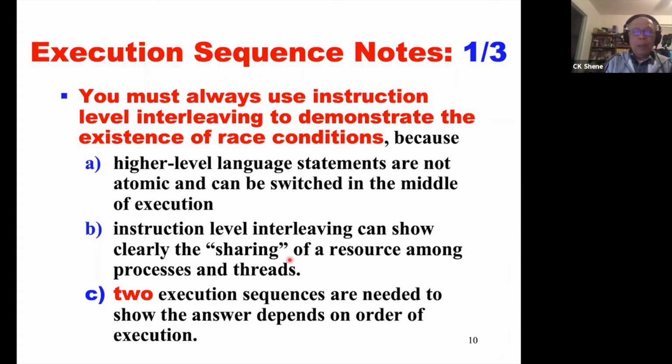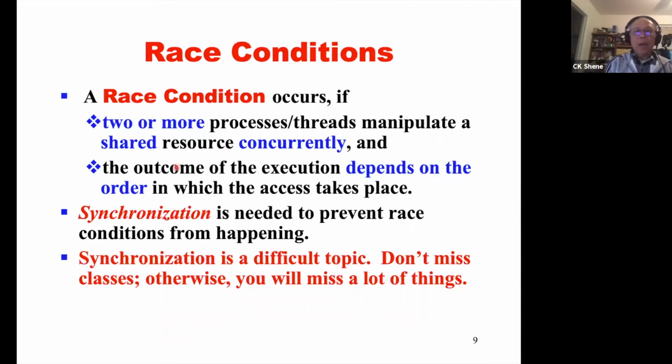Now, if you want to show me an algorithm could have a race condition, then you need two execution sequences to do that. Why? Remember this definition: the outcome of the execution depends on the order in which the access takes place. What does that mean? The outcome will be different.